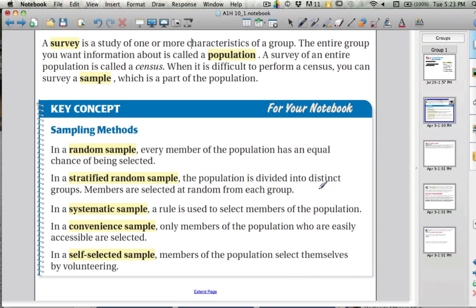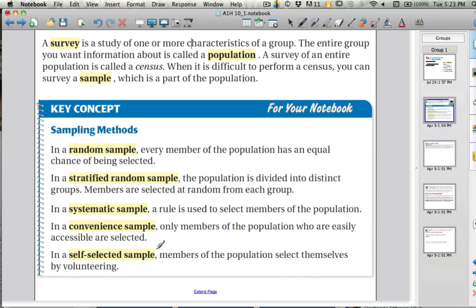It's just that the population has also been broken down into subgroups, and you want to make sure your sample is representative of all those groups. A systematic sample is using a rule to select members of the population. You'll notice it is not necessarily random. A convenience sample is when only members of the population who are easily accessible are selected.